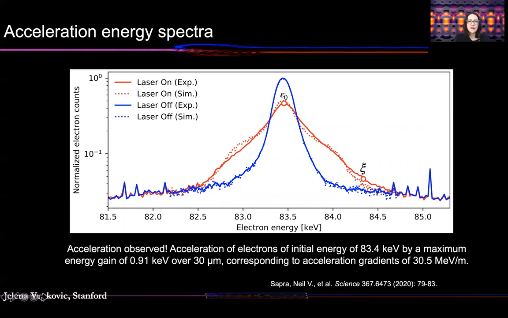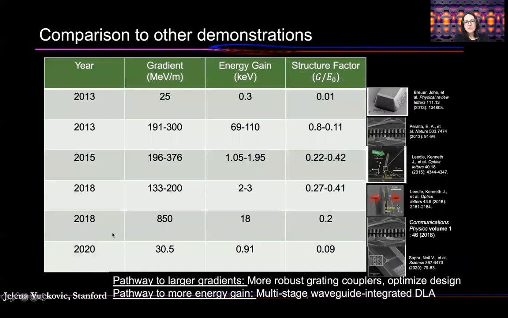Of course, it could be done even better than this. So how does this compare with other on-chip laser-driven particle accelerators? I should mention that all of the previous accelerator demonstrations, which include optical structures, didn't really represent integrated accelerator demonstrations.